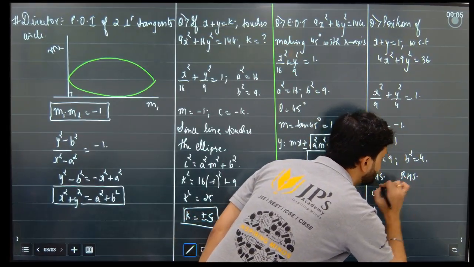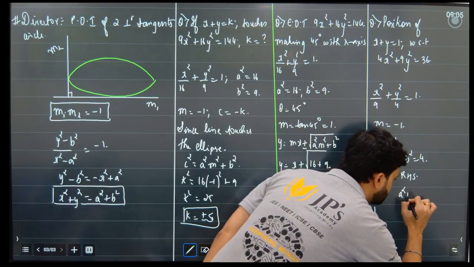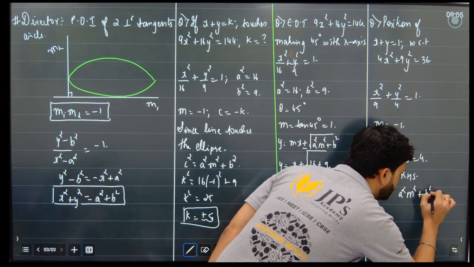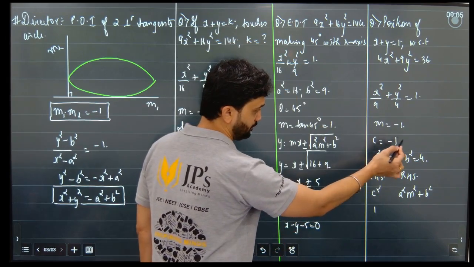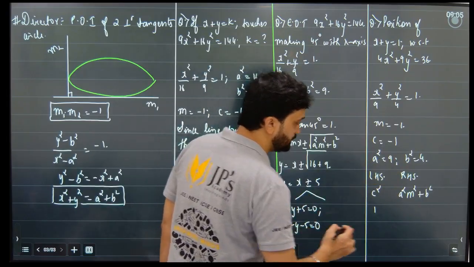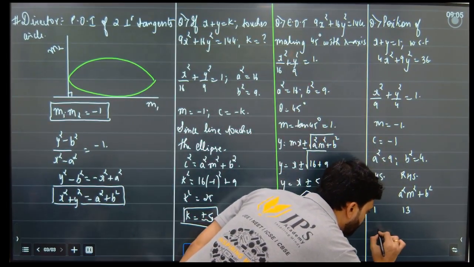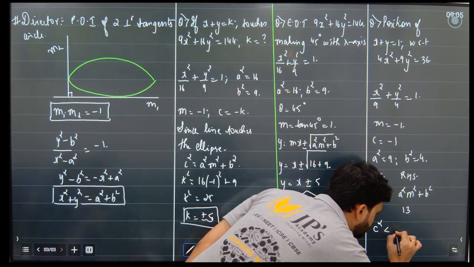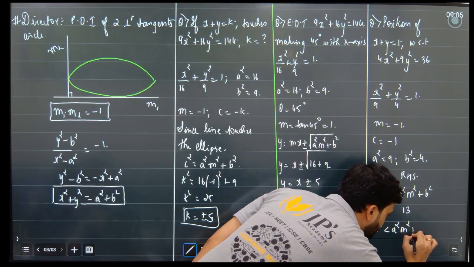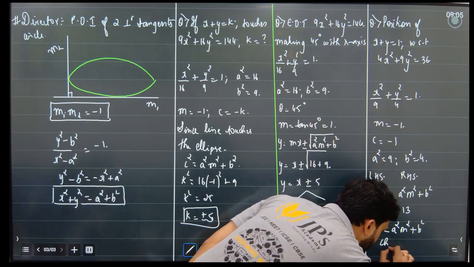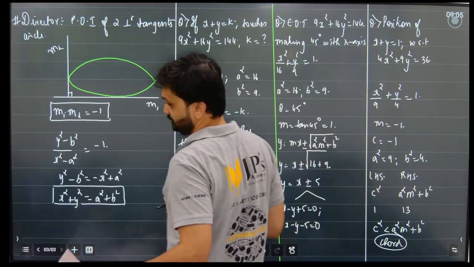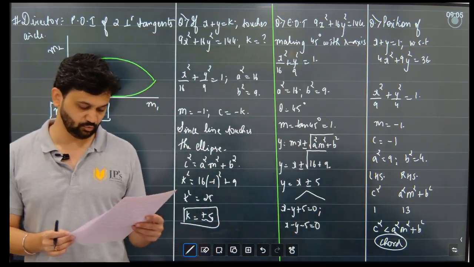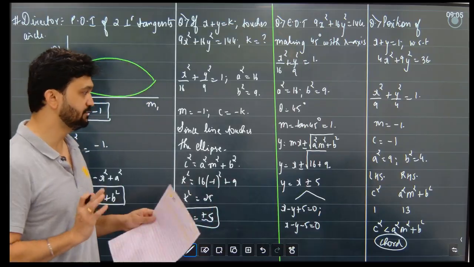I'll take RHS. RHS is a square m square plus b square. Now a square is 9, m square is 1, b square is 4, it is 13. Therefore, c square is less than a square m square plus b square. Hence, the line is a chord to the ellipse.